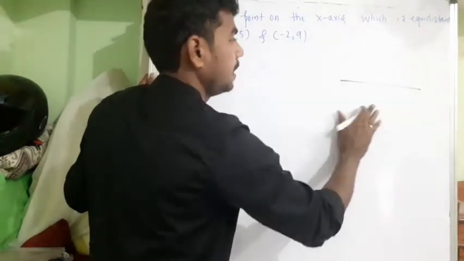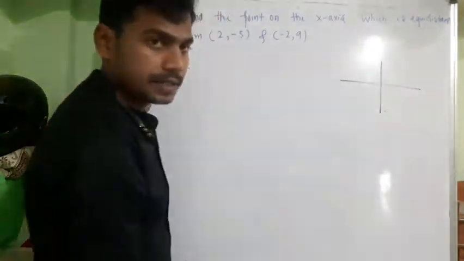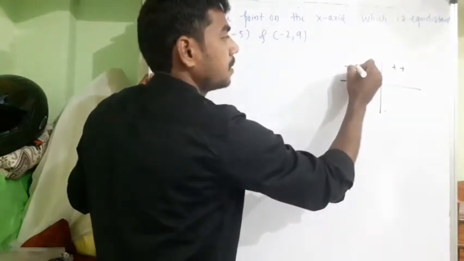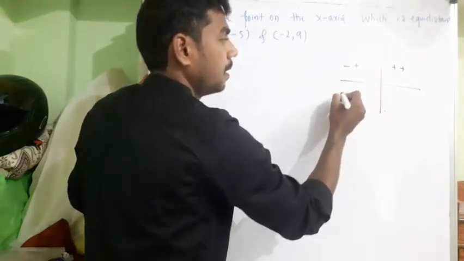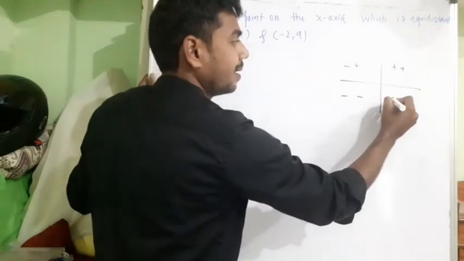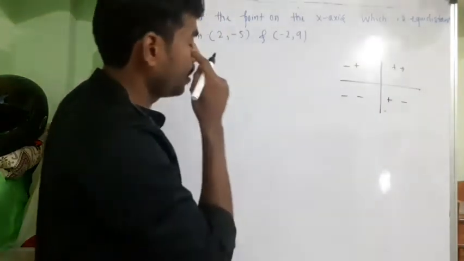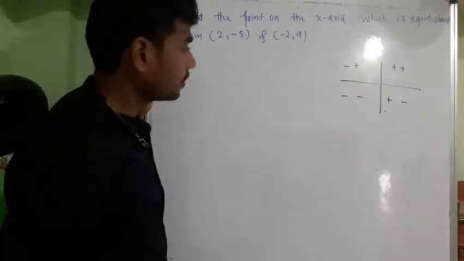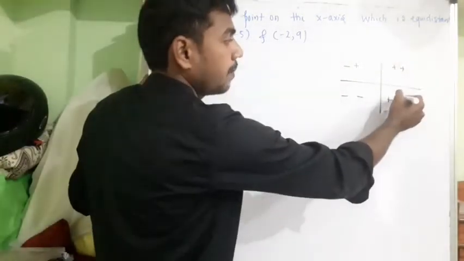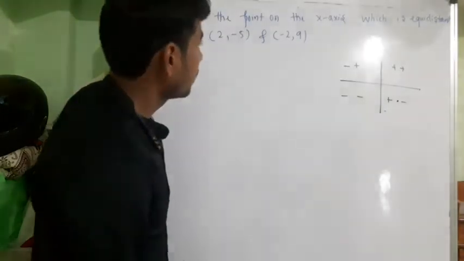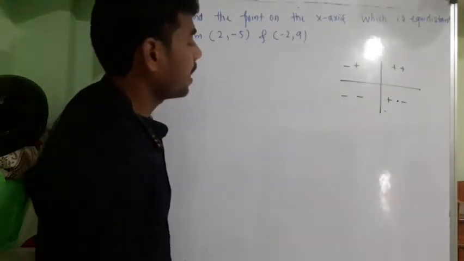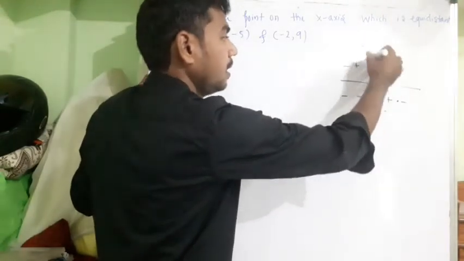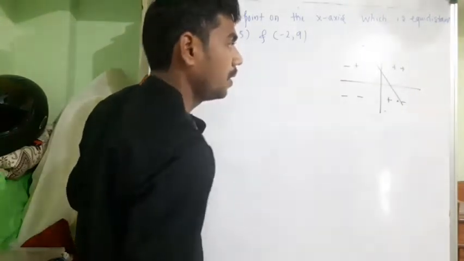In the Cartesian coordinate system, the signs are plus plus, minus plus, minus minus, plus minus. So how are the coordinates? For (2, minus 5), 2 will come here and minus 5 somewhere here. And (minus 2, 9) somewhere here. So what are they telling?